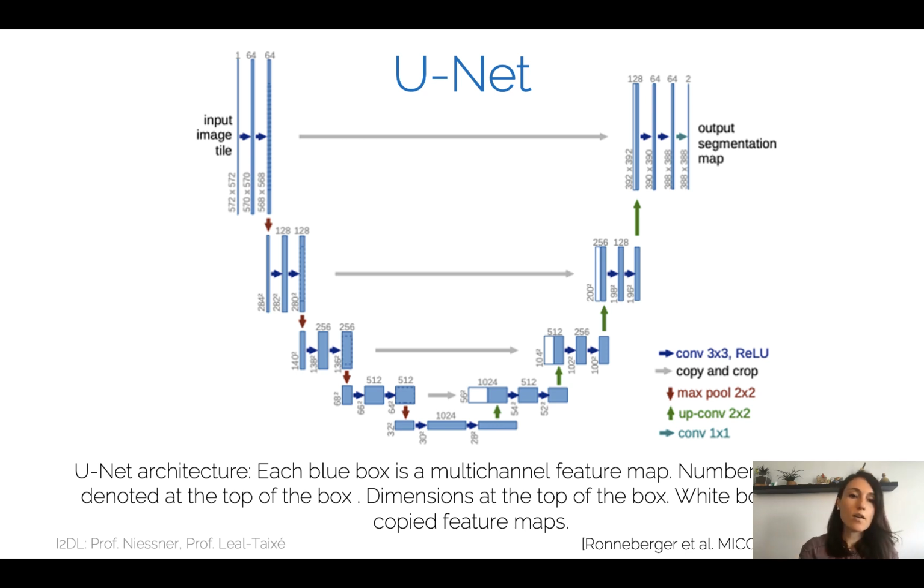You can see how after each of these convolution layers, you have a reduction in spatial size, and this is due to the pooling operation, which is represented by these red arrows here. The blue arrows that point to the right are convolution operations. The red arrows are max pooling operations.